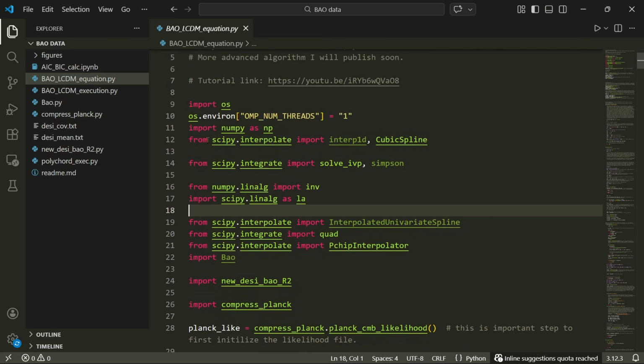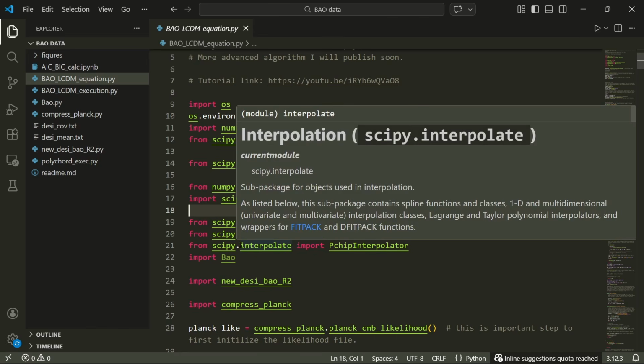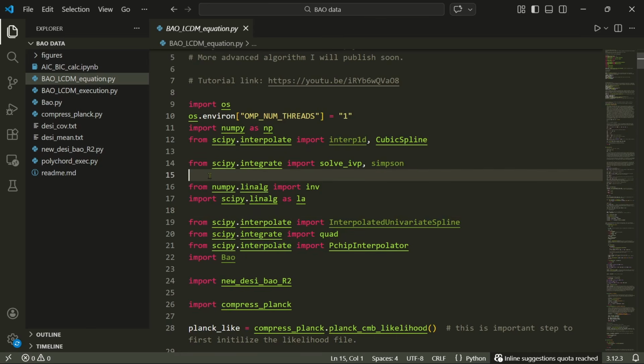All right, so these are some libraries we have to import, just like you can do in your LaTeX. You have to install some kinds of packages. So this is a similar thing. The way you import packages in LaTeX, we are doing the same with Python.